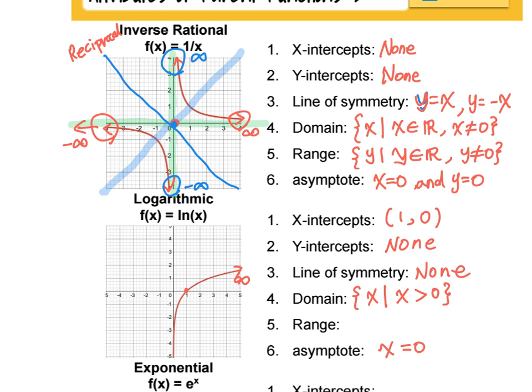For the range, it's growing to positive infinity and to negative infinity. So y is all real numbers.